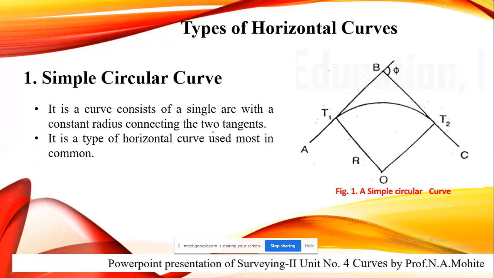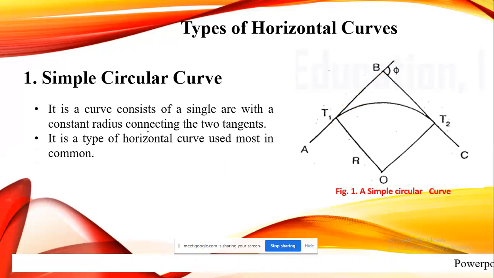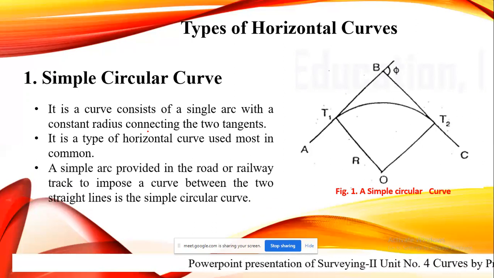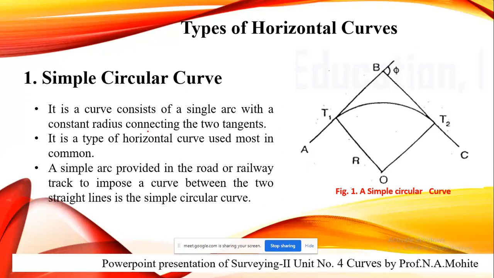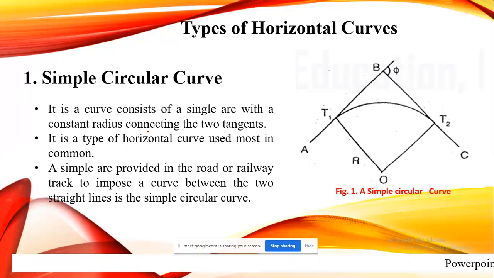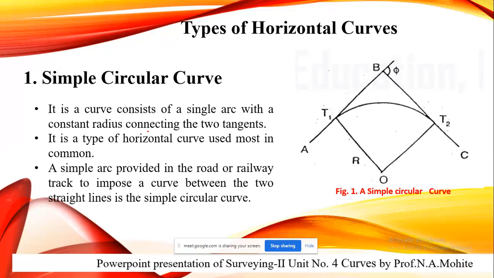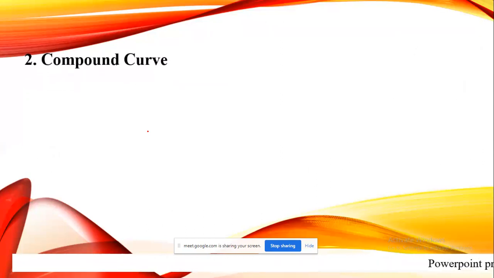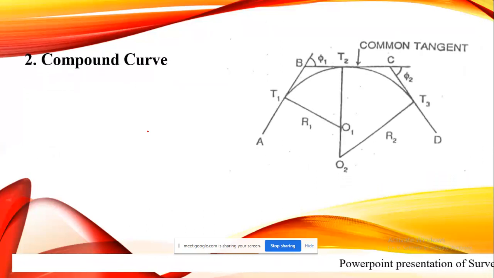It is provided in a road or railway track to impose a curve between two straight lines. That is the simple circular curve.